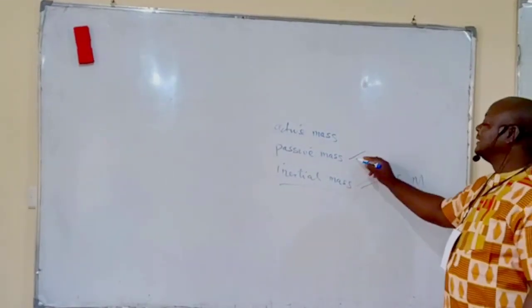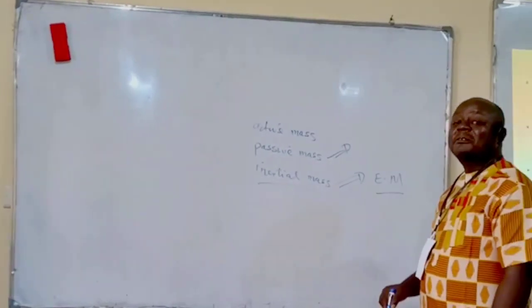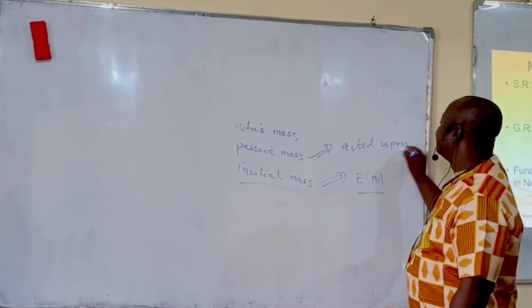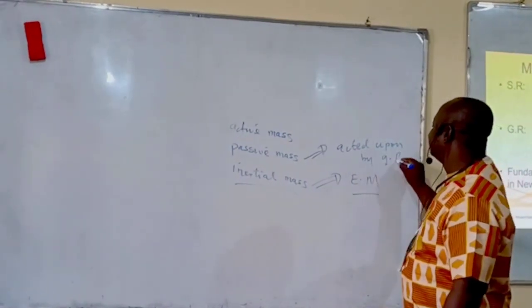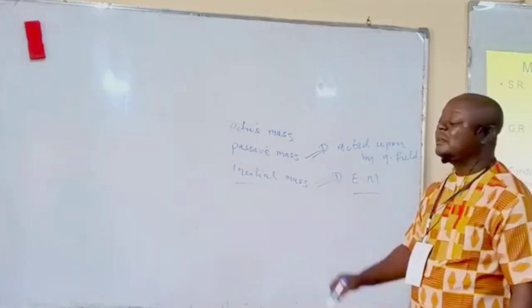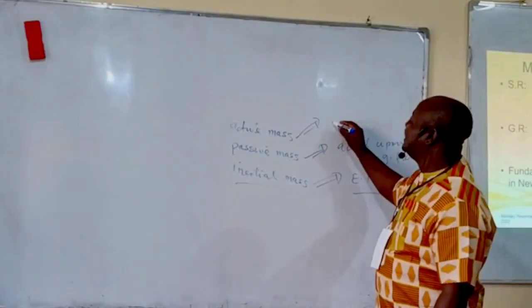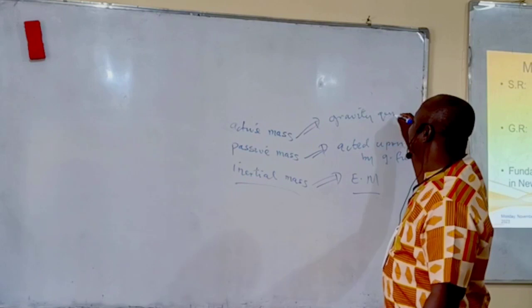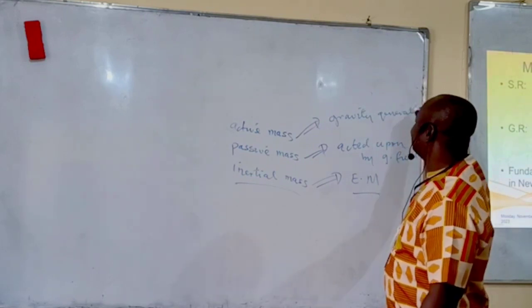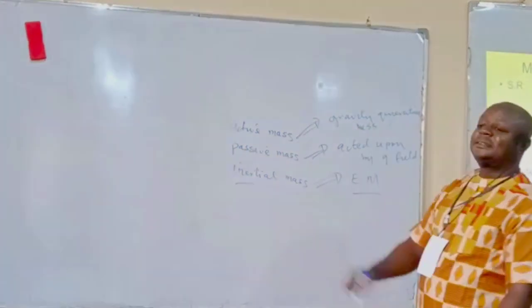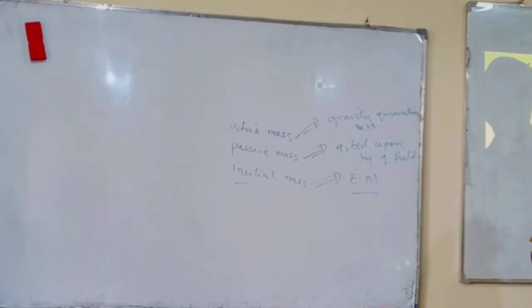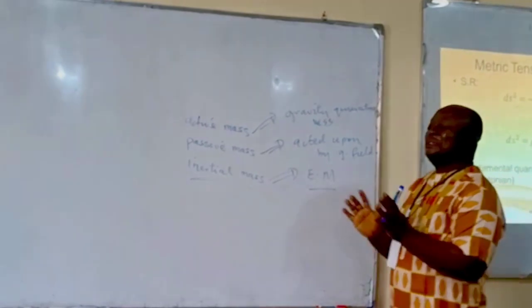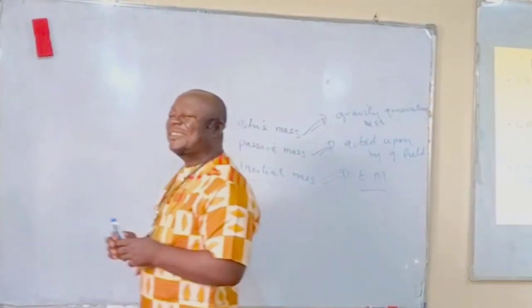Passive mass is the mass of an object acted upon by a gravitational field. An active mass is a gravity generating mass. This is the simple definition I can give you for now.